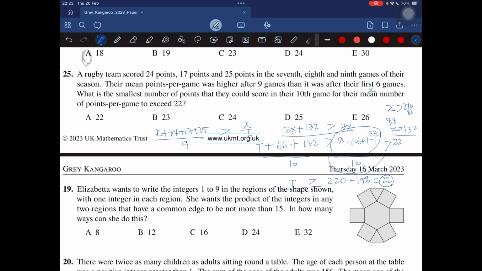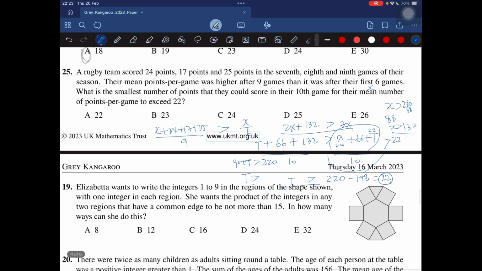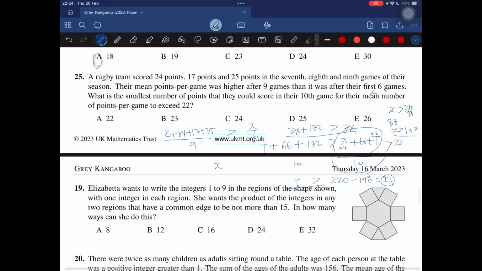So 24, if we put 24, this is 90 plus t over 10, 220.